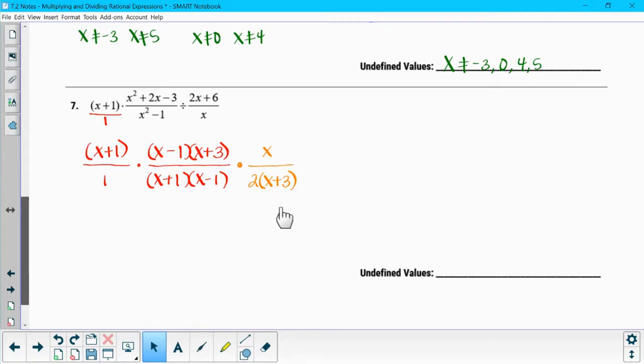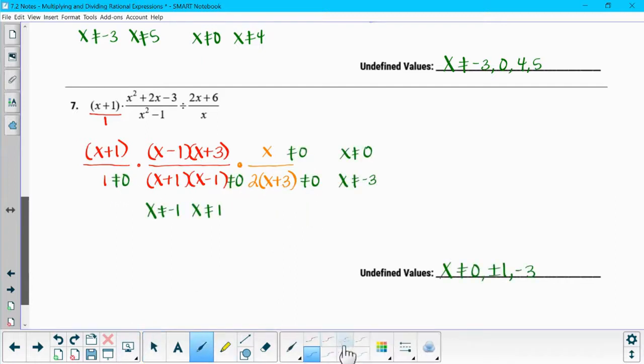Now we have to write our undefined values, and I'm going to go through and set each denominator because we like to think of this as one big fraction. Each denominator not equal to 0, and the numerator that comes after the division sign not equal to 0. I usually say the second fraction, but in this case it's really the third because of the placement of our problem.